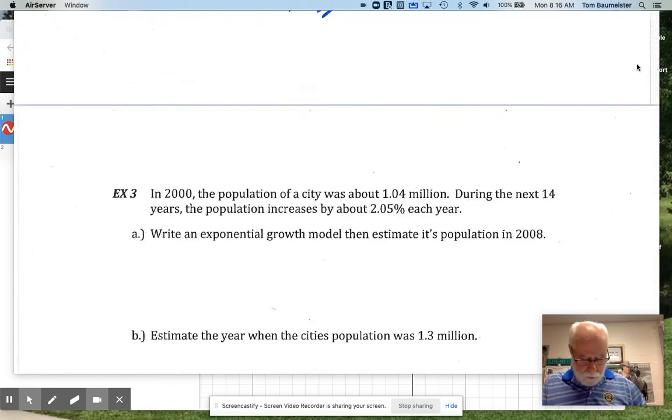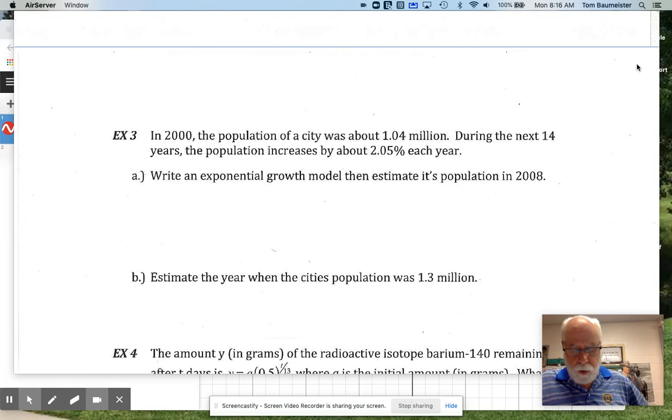Okay? Another example. In the year 2000, the population of a city was 1.04 million. During the next 14 years, the population increases by about 2.05% each year. Write an exponential growth model, then estimate its population in 2008.